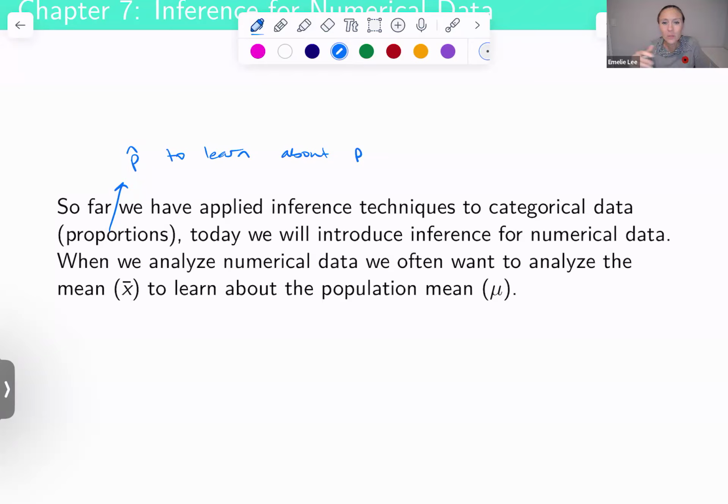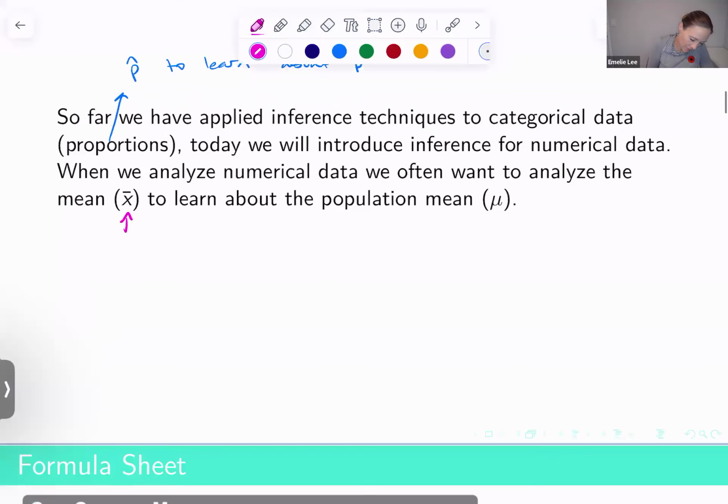We have the same situation for numerical data. When we analyze numerical data, we usually want to analyze the mean, which is our x bar, our sample mean. And we're trying to learn about the population mean, mu. Okay, so that's our goal.